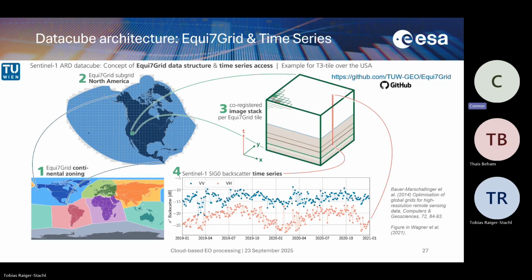The main thing is that it's divided in 7 bigger zones to reduce the geometric distortions that normally you would have when using a system that covers the whole world. So you can find the reference here, and it's also open and free to use.